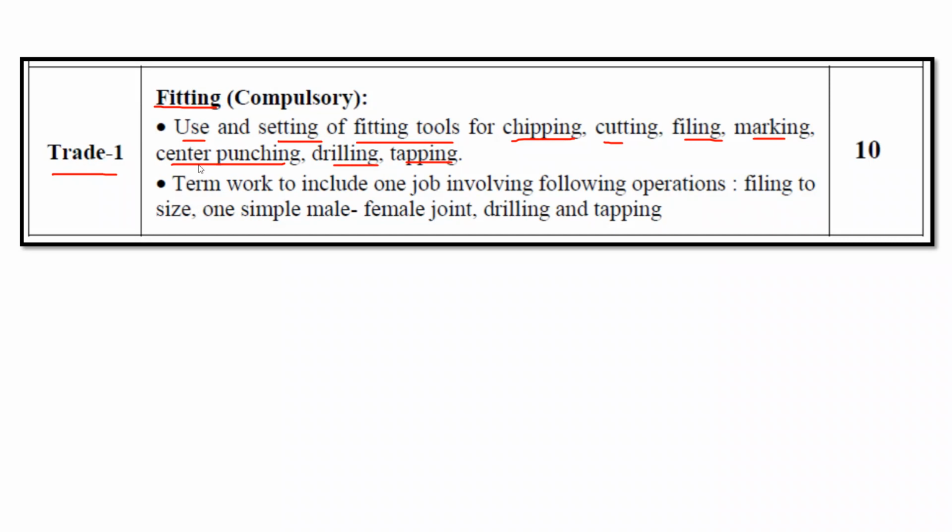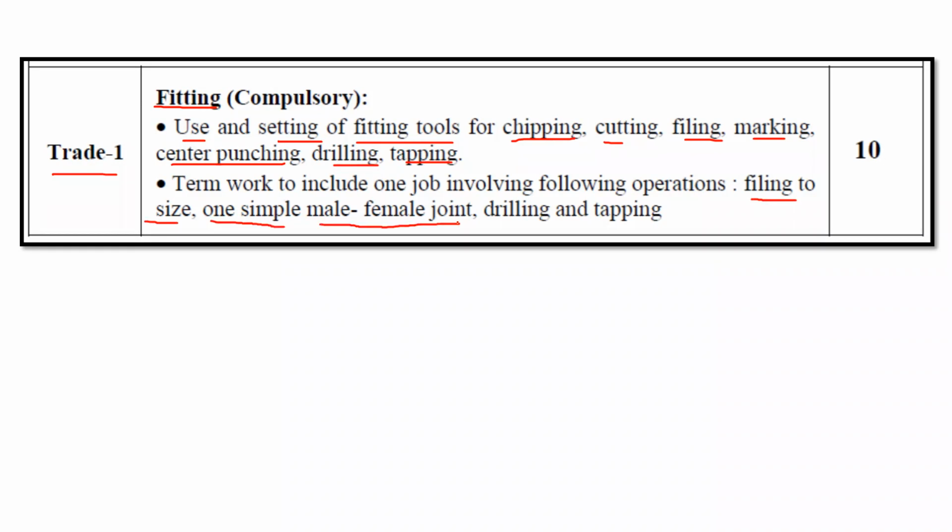The next is the term work for this fitting workshop. It includes one job involving the following operations. In the physical practical, that is when you work in the actual workshop, the student prepares one job, which consists of filing to size, meaning the given dimension, then one simple male and female joint.